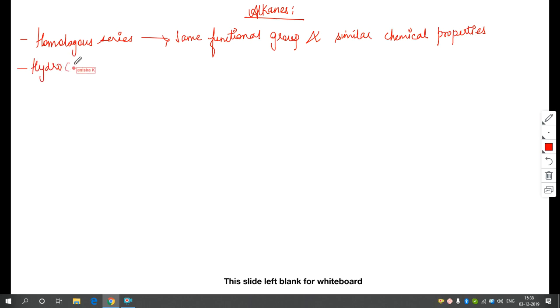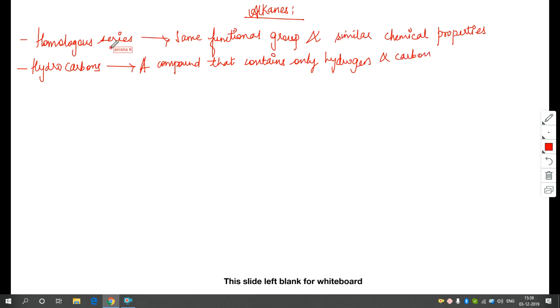What are hydrocarbons? Hydrocarbons are compounds that contain only hydrogen and carbon. So alkanes are a homologous series of hydrocarbons with the same functional group and similar chemical properties.